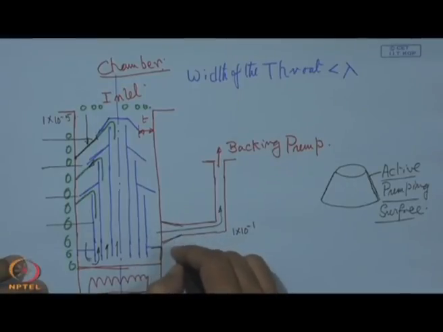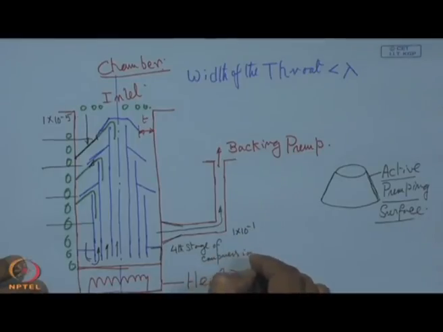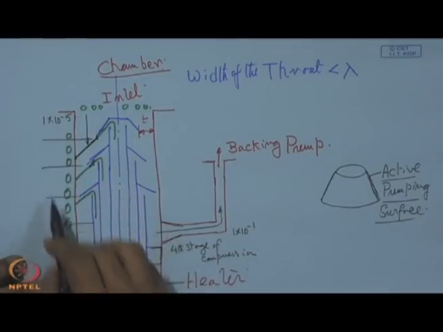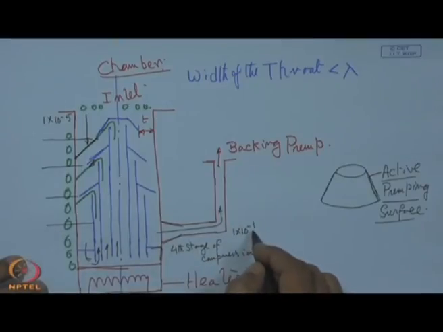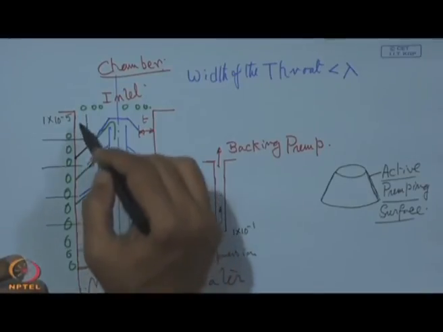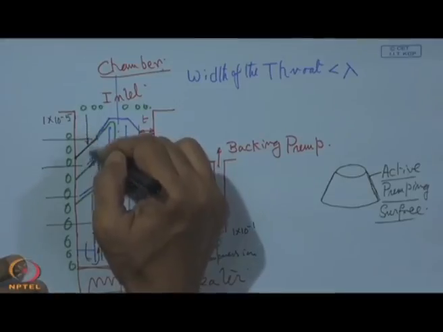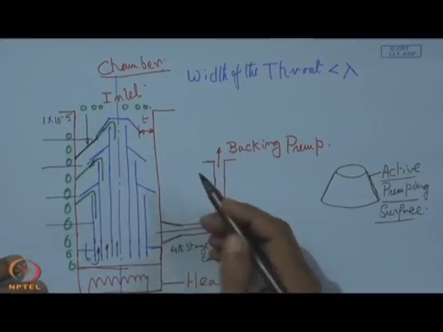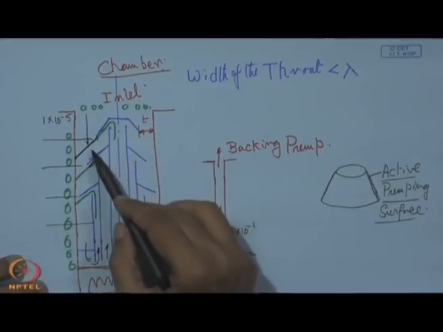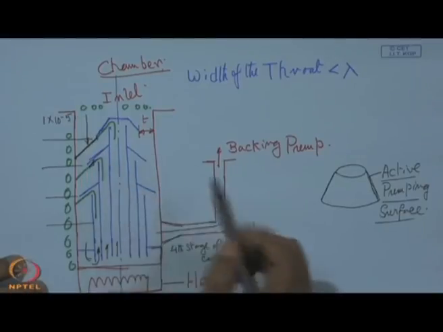Here we also have the fourth stage of compression. Pressure will be raised from 1 into 10 to the power minus 5 to 10 to the power minus 1, but since it has already got into the oil vapor, it almost resembles a diffusion process.